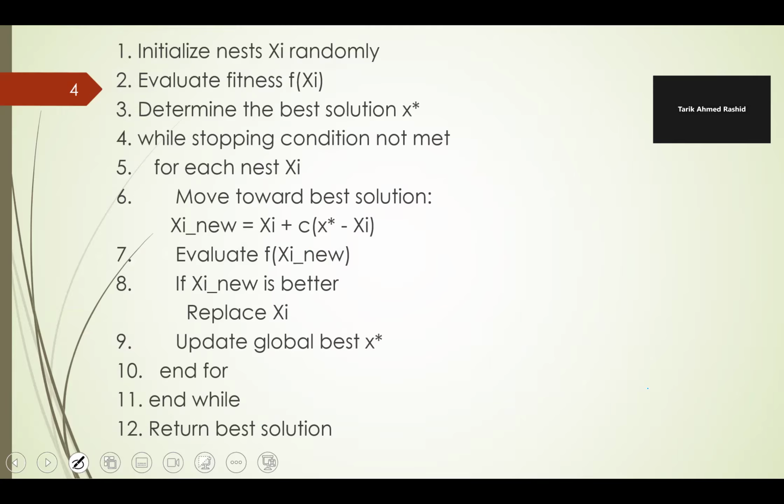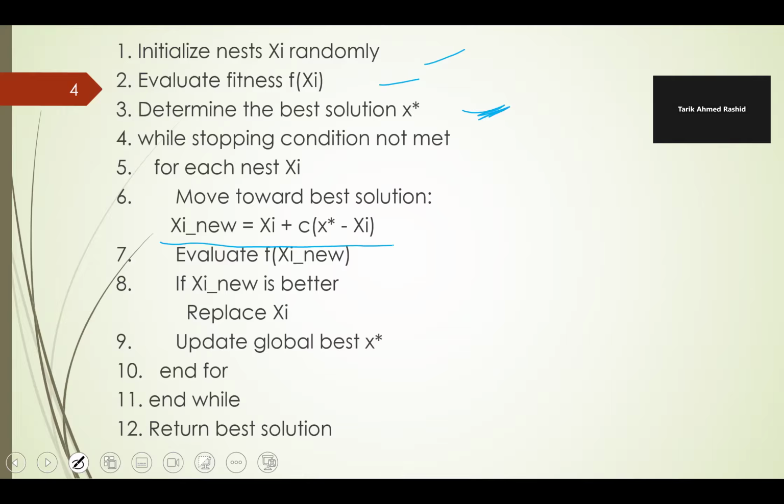So let's walk through the algorithm pseudocode. Here we initialize randomly, evaluate the fitness function, and determine the best fitness, while the stopping criteria is not met. We do a loop. We go through the solutions that we have, the three solutions, xi, and move toward the best solution using the update equation.